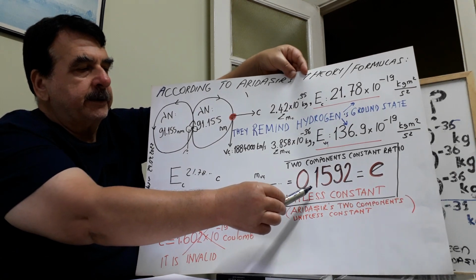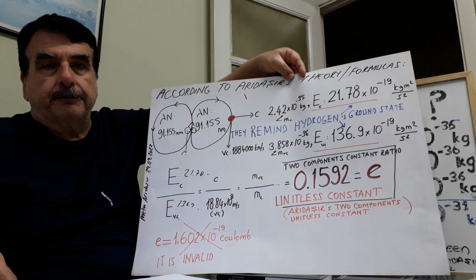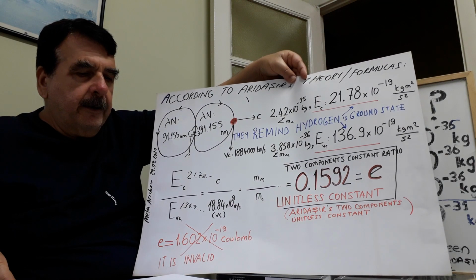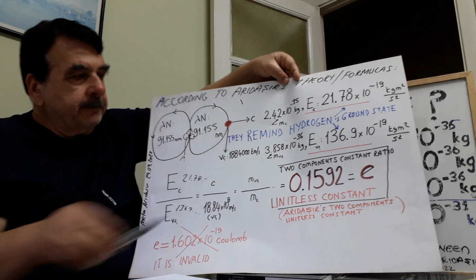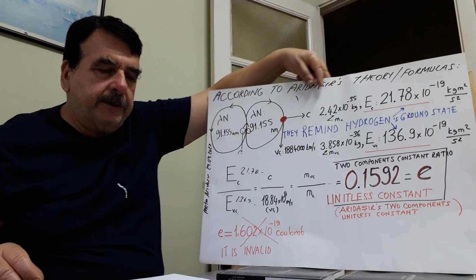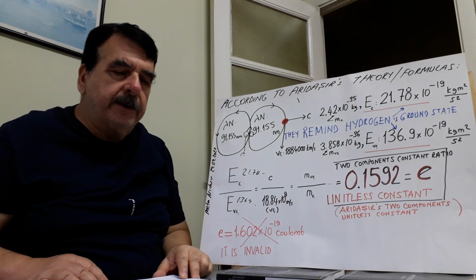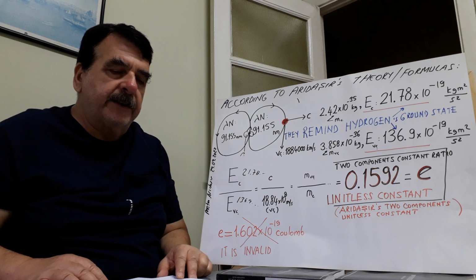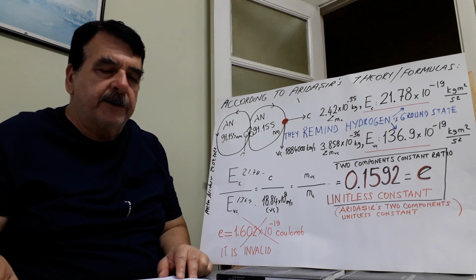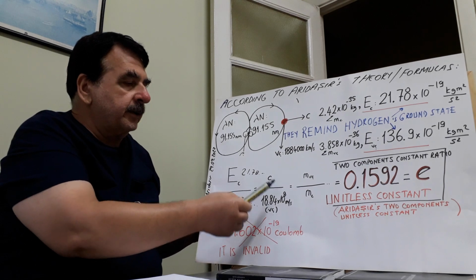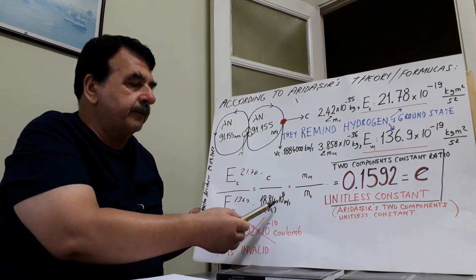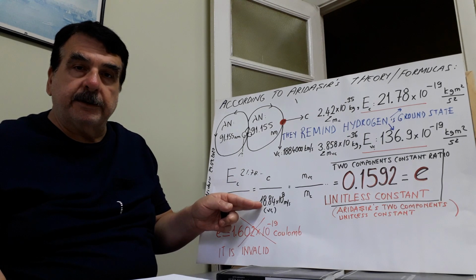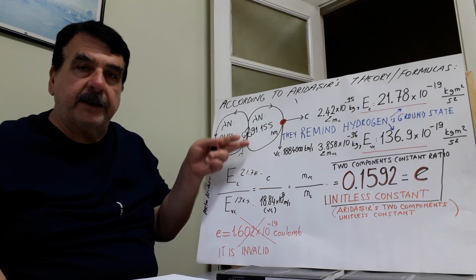Result: 0.1592 approximately. In fact, this was a unitless and constant ratio, and it was nothing but the result of speed of light divided by 1,884,000 km/s, linear velocity. This is the main constant of electron motion form.